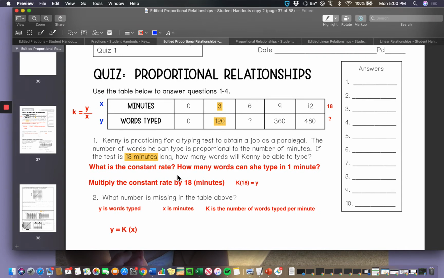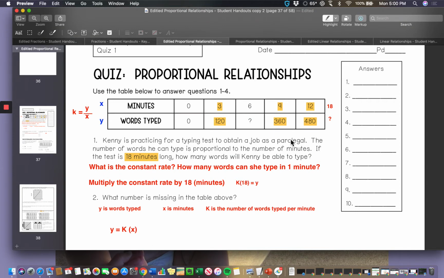To make it really simple for number 1, find out what the constant is by dividing Y by X. Any of these pairs will work: you could do 360 divided by 9, or 480 divided by 12. You can take any one of these pairs to figure out what the constant is.